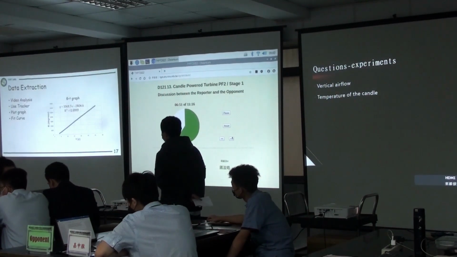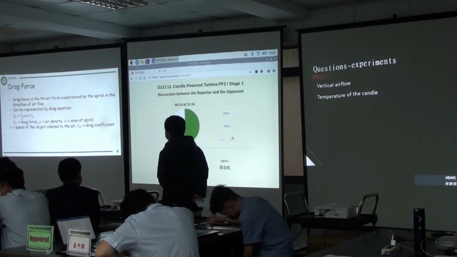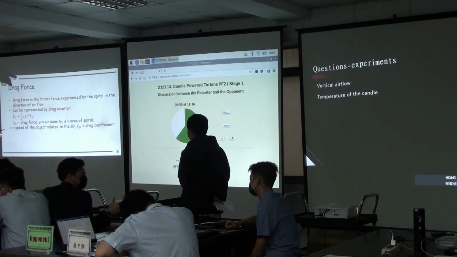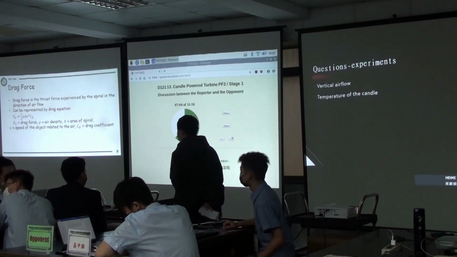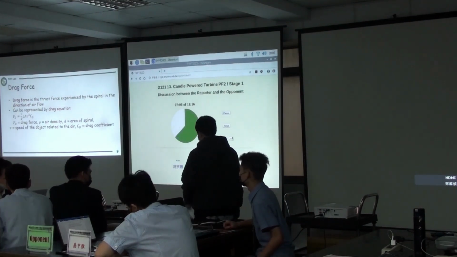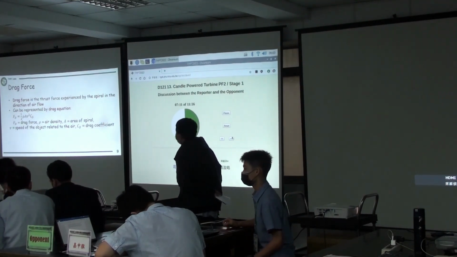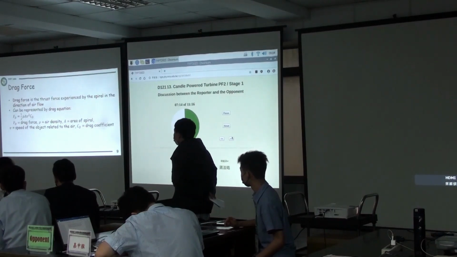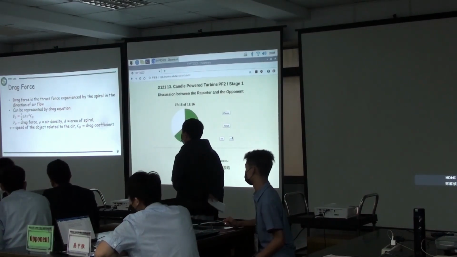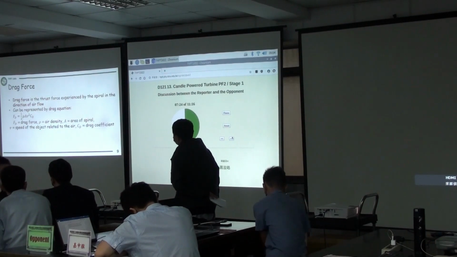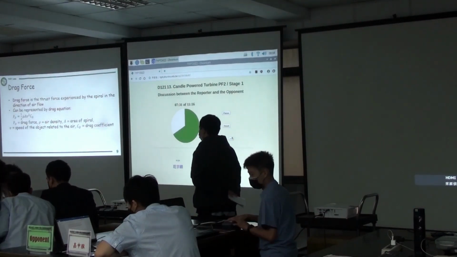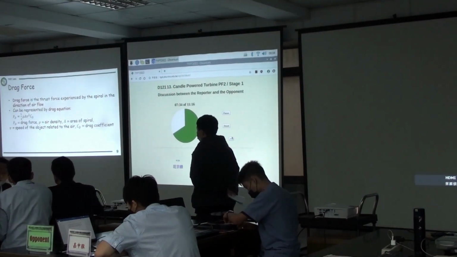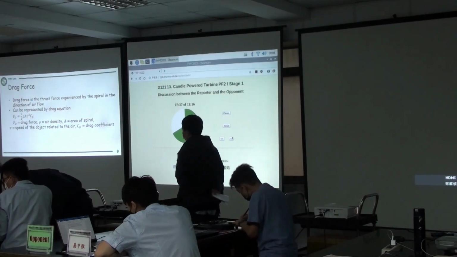In our theory, the more humid it gets, the drag force will of course increase. The humidity will also affect the air density. Although a different environment will affect the drag coefficient, we did this experiment all in the same environment, our laboratory.